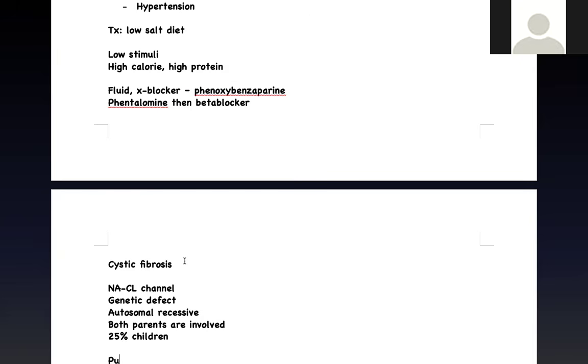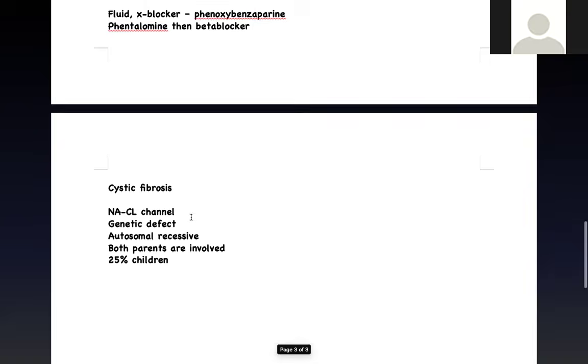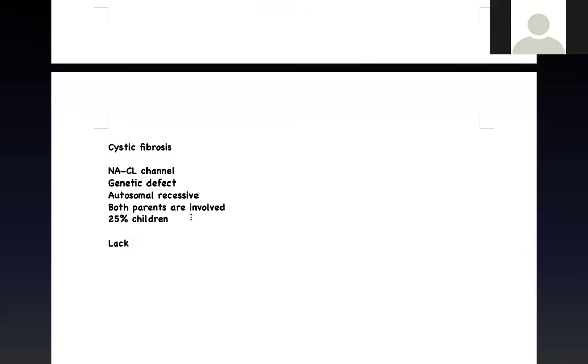What is the problem? It's caused by lack of a sodium chloride channel, which is going to hold on to water. They cannot hold on to water. Because of that, secretions are all thick. Two organs are affected, and your lung is number one. Therefore, lung secretions are very thick, mucoid, and they can't get rid of the secretions.